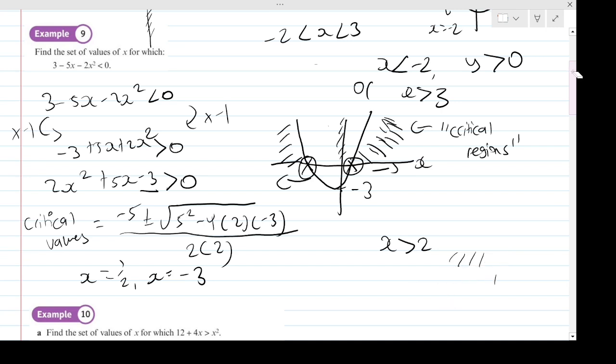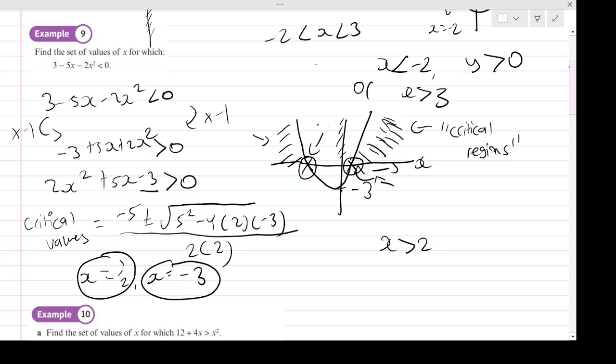Therefore, the critical values are basically the end points or boundary points of the region. For example, the region starts here at the root x is a half. Likewise, this critical region here is bounded by this root here, x is -3.